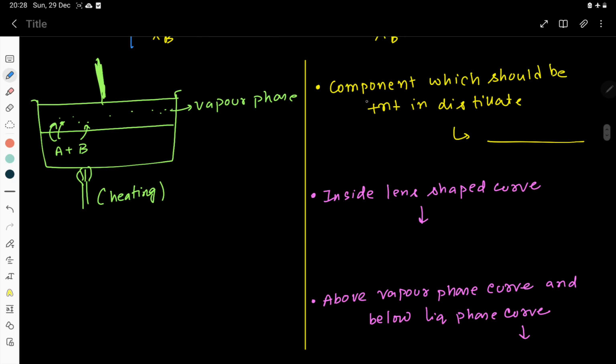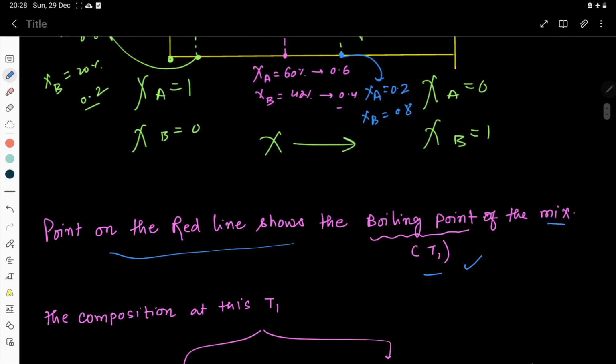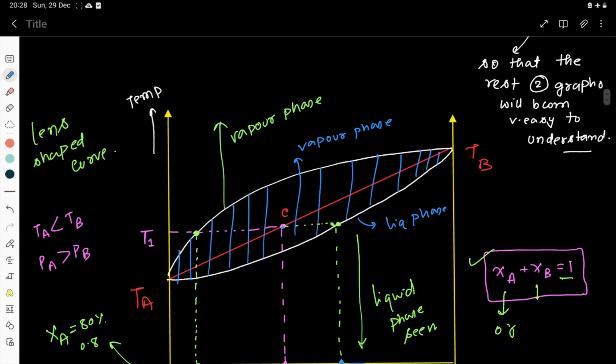Now, which component should be present in the distillate? Again I am coming to the curve. Here I can see Ta is present, here Tb is present.